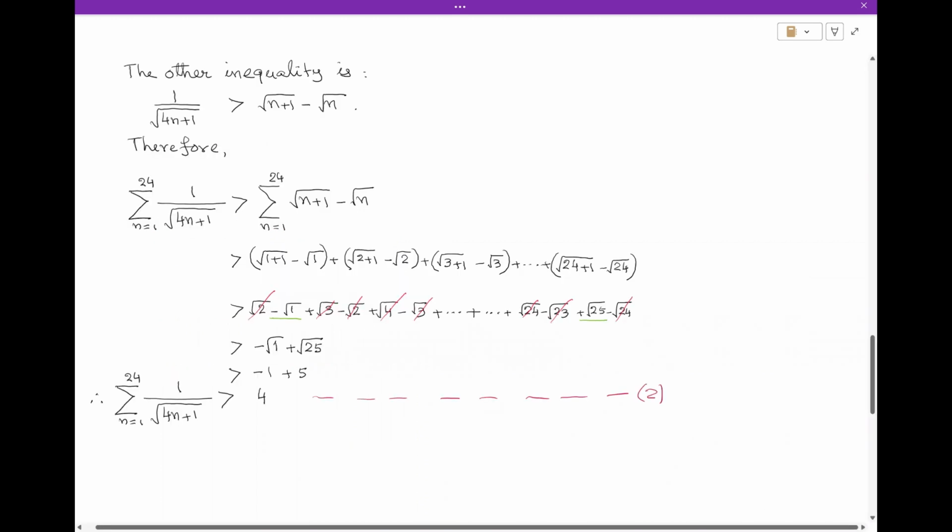The other inequality is 1 divided by square root of 4n plus 1 is greater than square root of n plus 1 minus square root of n.